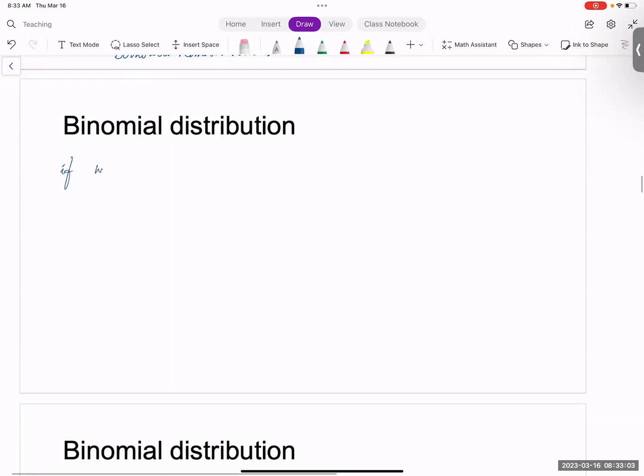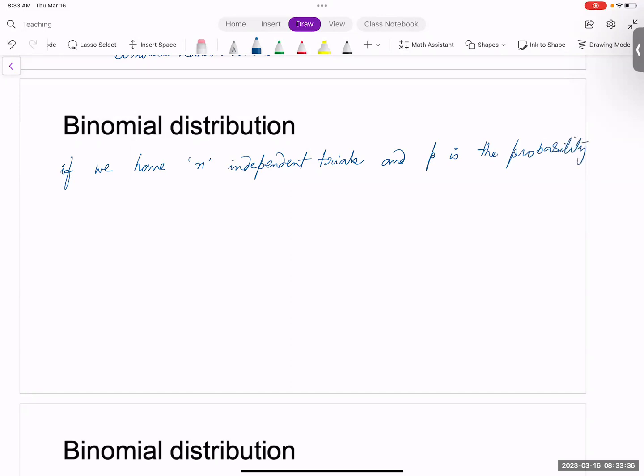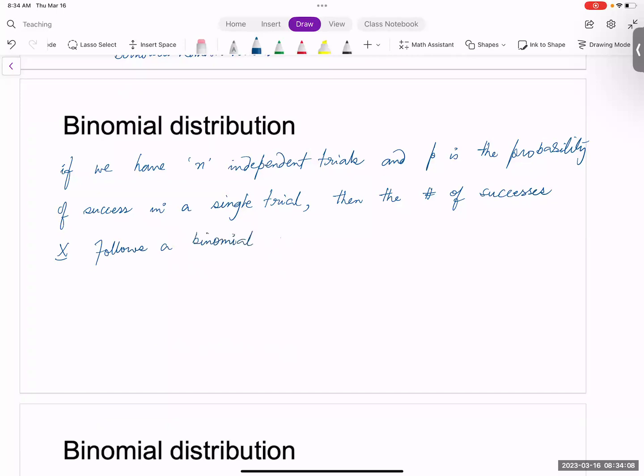Let's define this first. If we have n independent trials, and P is the probability of success in a single trial, then the number of successes, let's call it X, follows a binomial distribution.